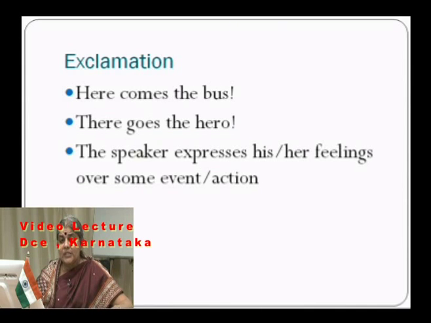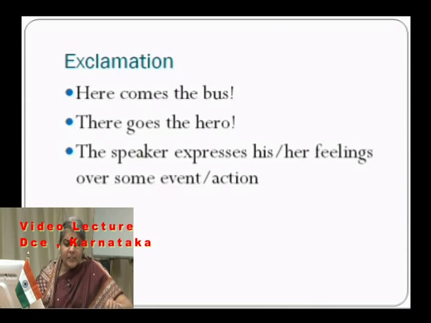The moment you see the bus, you say, here comes the bus, followed by an exclamation mark. There goes the hero. You want to talk about a particular person. You see him, and then you could say, there goes the hero, or this could be a statement of sarcasm also.